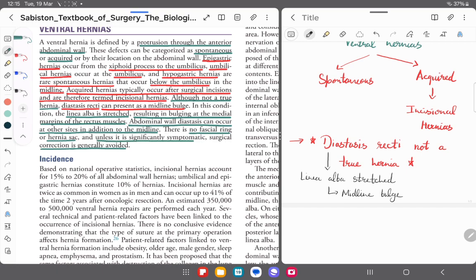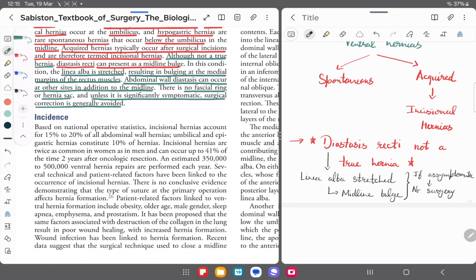So if it is asymptomatic, there is no requirement of surgical correction, no surgery.